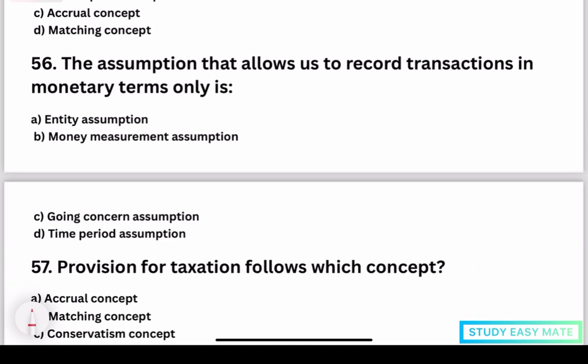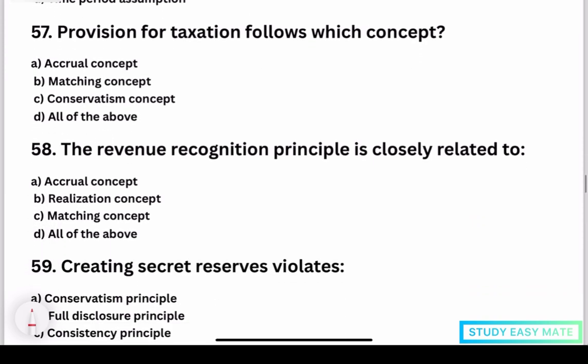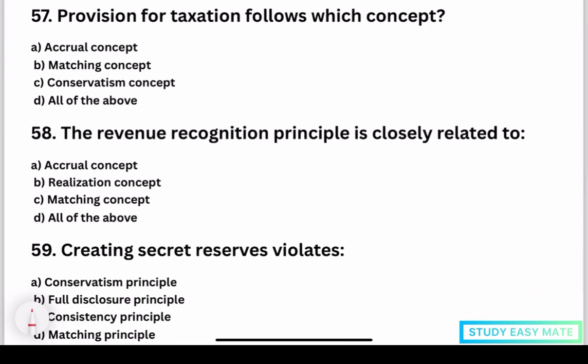So the assumption that allows us to record transactions in monetary terms only is the money measurement assumption. Why? Because it forms the basis for quantifying and recording business transactions in a common unit of measurement, that is money.